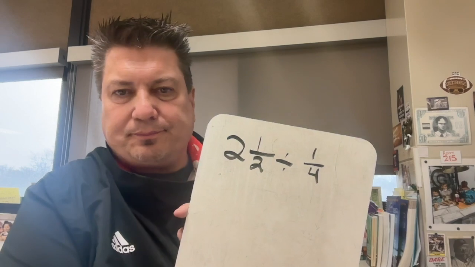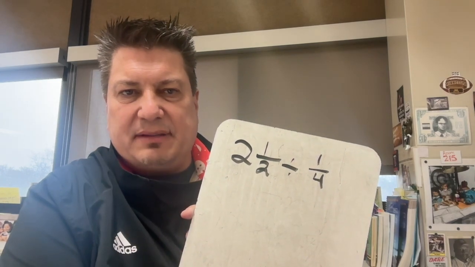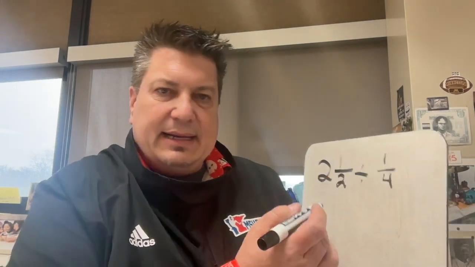Just as an off the beaten path kind of problem here. Let's say we have 2.5 things, and we want to divide those 2.5 things into 1/4. Simple problem, 2.5 divided by 1/4. I need to take that 2.5 and say, all right, 2 times 2 is 4, add the 1.